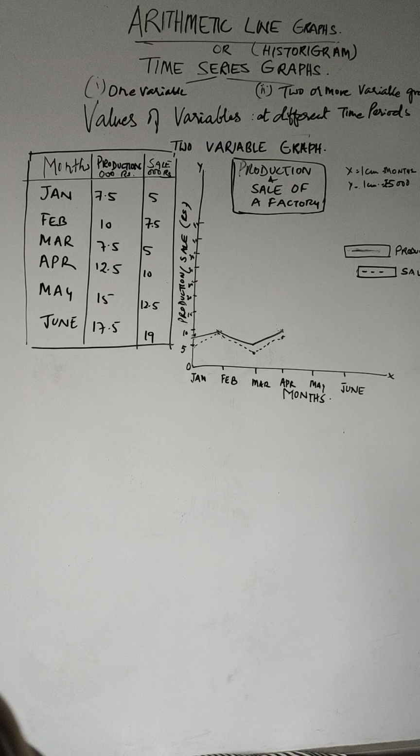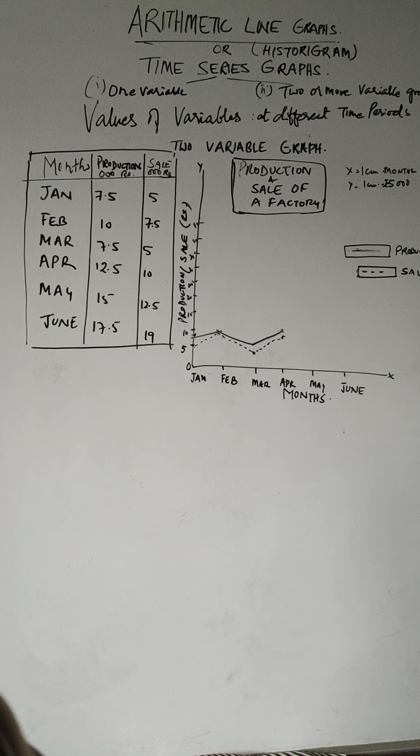Whenever two or more values are shown on the same graph, it is very important to use different types of lines. Here we used a dashed line and a thick line, just to distinguish, and one has to mention that in the index. Sometimes people also use different colored pens.